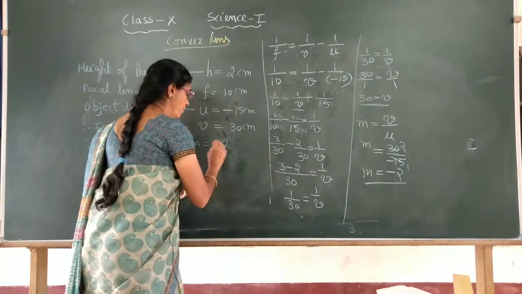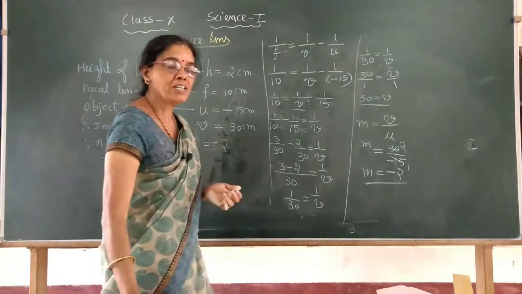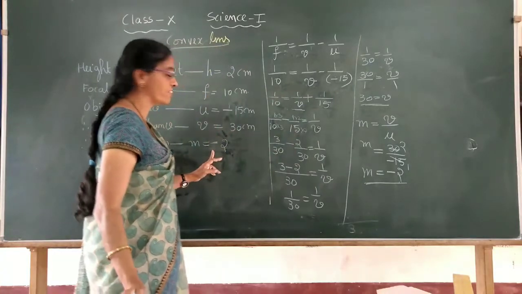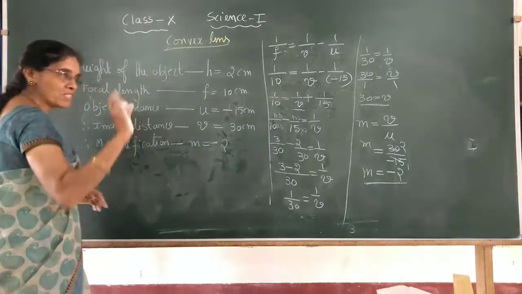Minus 2 it is. Now, what is the size of the image? H dash we have to find. H is given, magnification given, we will find the size. Size means height.